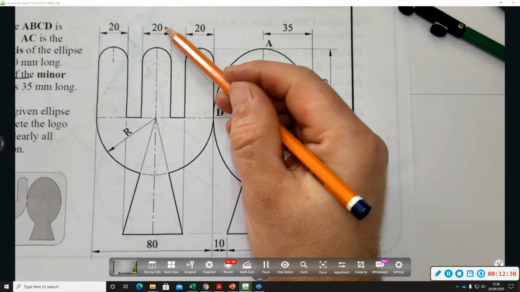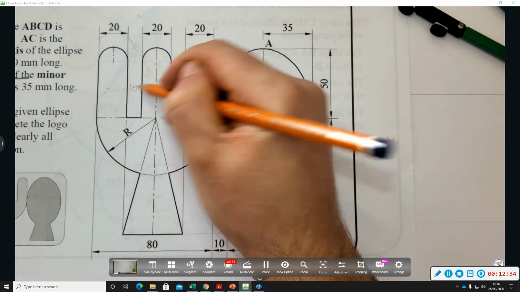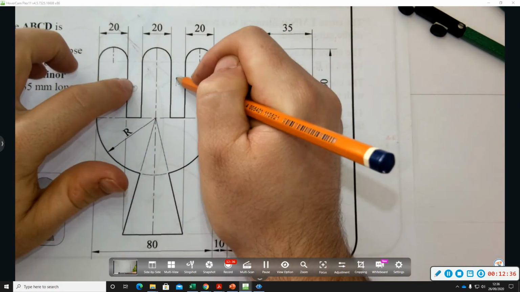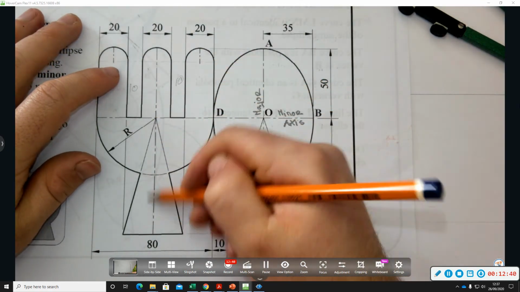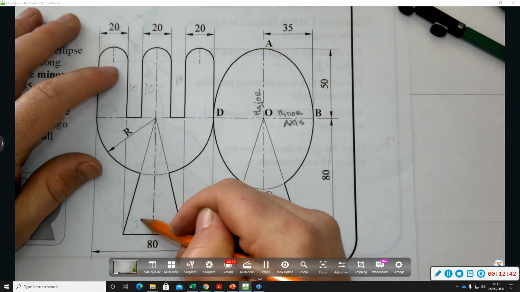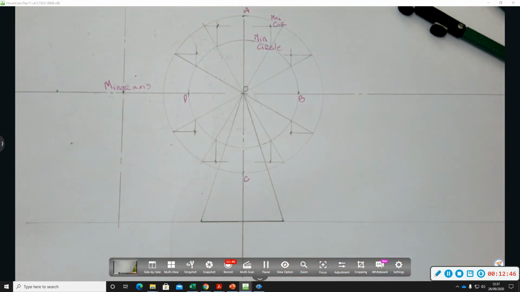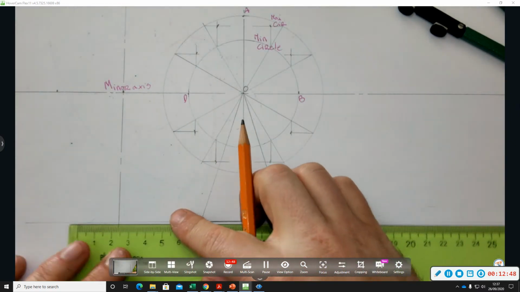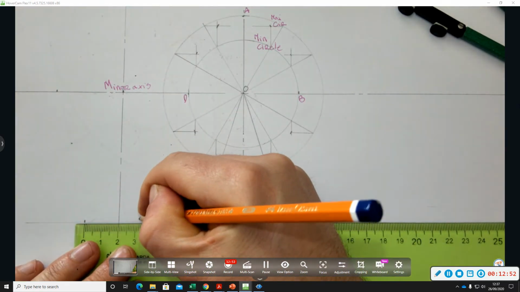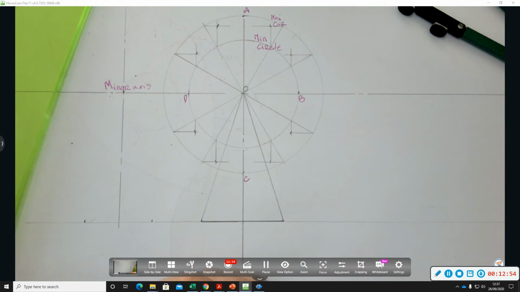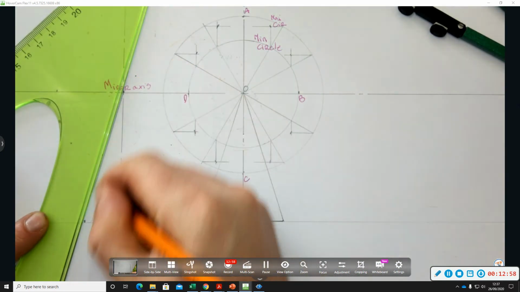So 80 minus 60 leaves 20, and 20 divided by 2 leaves 10 each. So there are 10 in those gaps. So this is 20 either side of the center. So I'm going to mark 20 either side of the center line down here. Join them together.